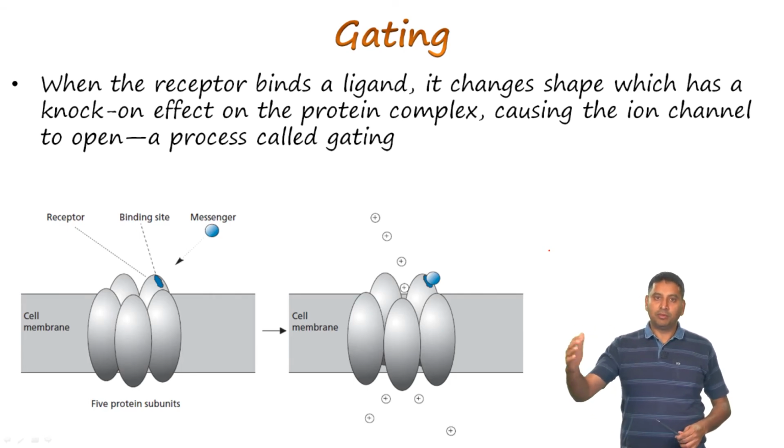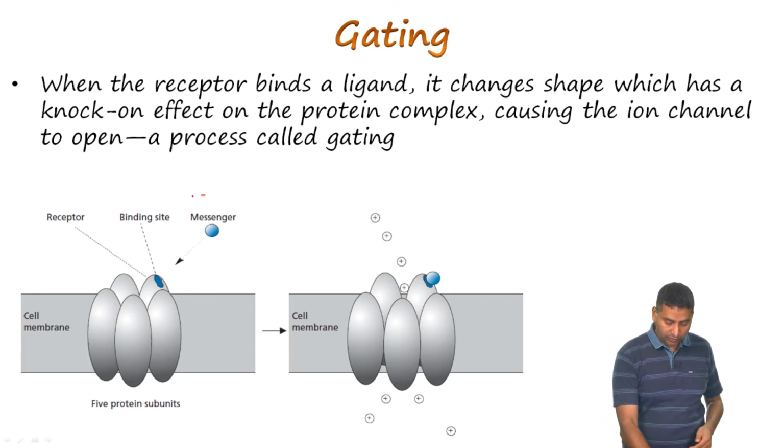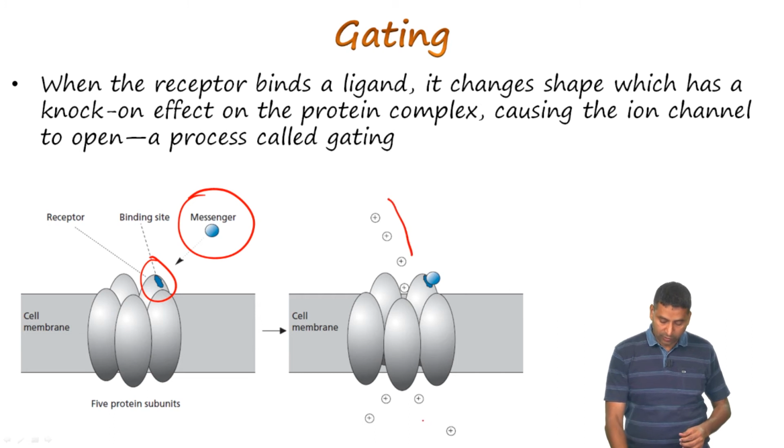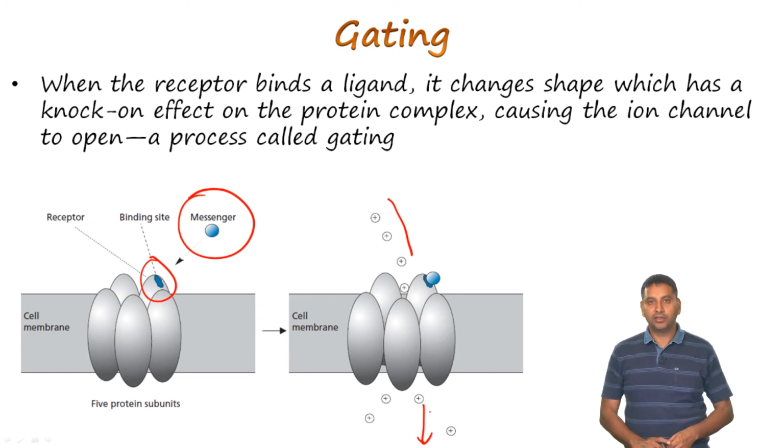When the receptor binds the ligand, so over here this is the messenger and this is the receptor binding region, there is a conformational change. First there is an induced fit and then there is a conformational change, and this conformational change results in ions flowing into the cell.